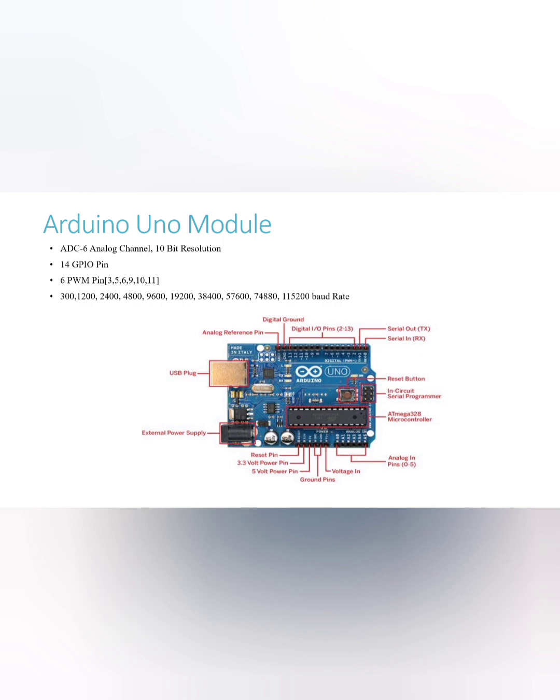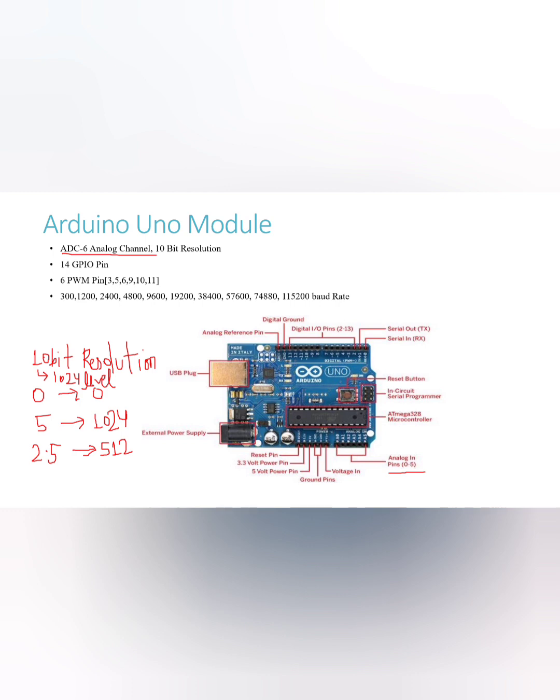The ADC converts an analog signal into a digital one and gives it to the microcontroller, which has 6 input pins. It can take analog input with 10-bit resolution, 2 to the power 10, 1024 levels. Let's take an example.